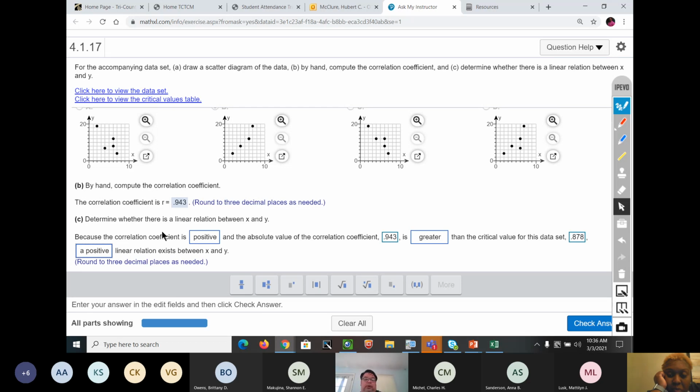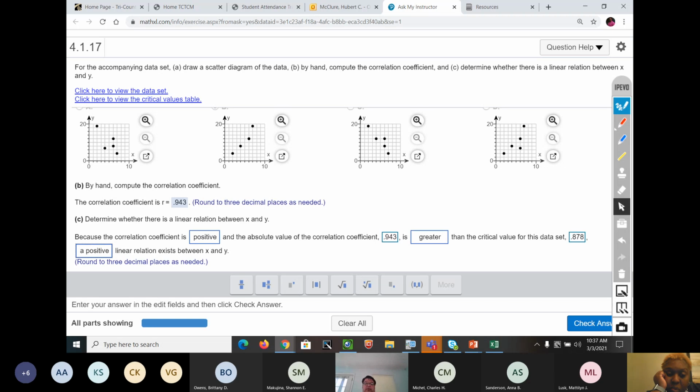Because the correlation coefficient is blank, and the absolute value of the correlation coefficient is blank than the critical value of blank, linear relation exists.